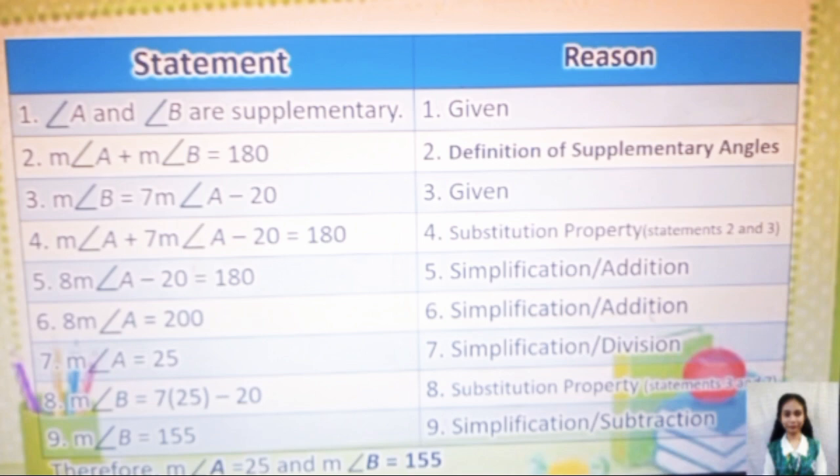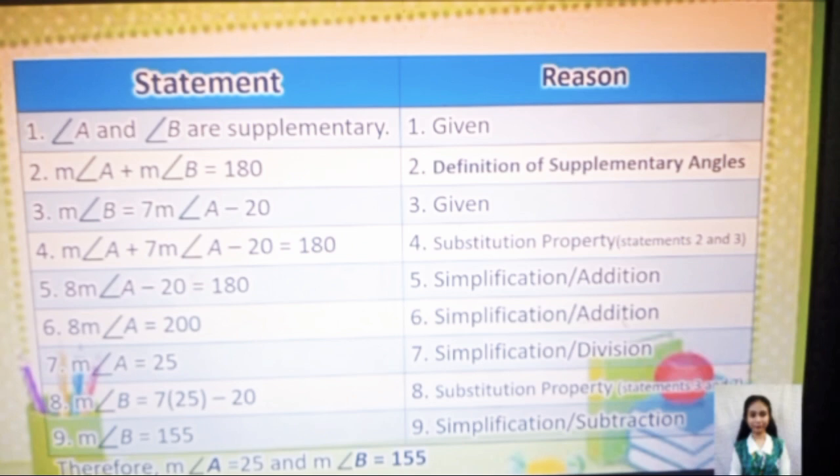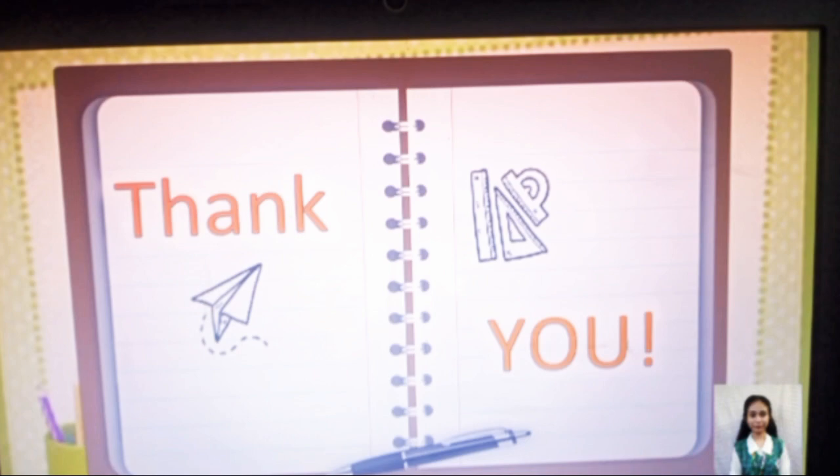Lastly, number 9, measure of angle B is equal to 155, through simplification and subtraction. Therefore, we get measure of angle A equals 25 and measure of angle B equals 155. That proves that angle A and angle B are supplementary. So, thank you.